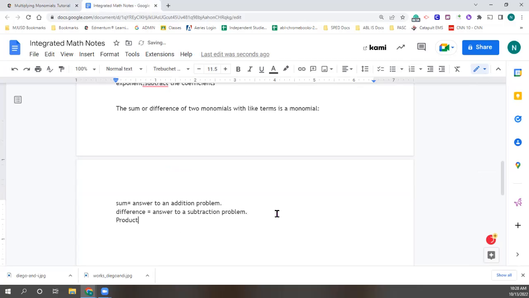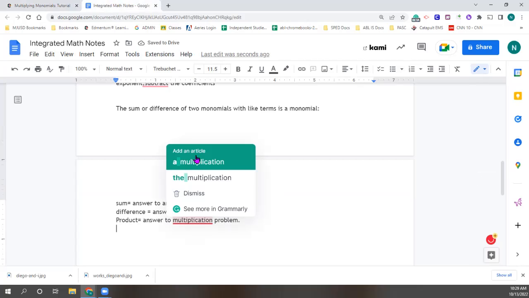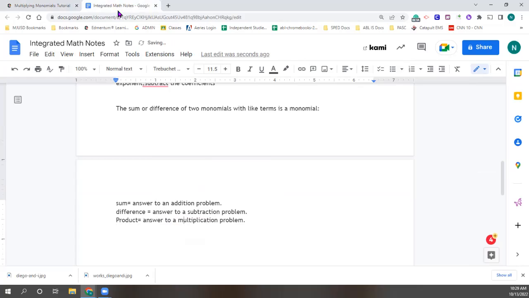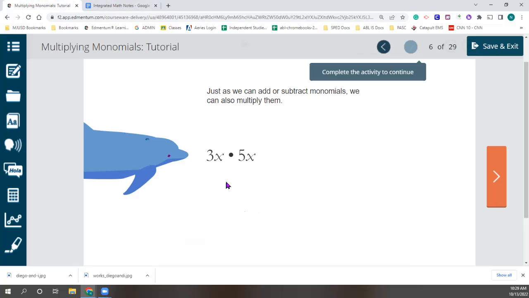Product equals answer to multiplication problem. Now, here's when I want to address something real quick. The answer to a multiplication problem is the product.